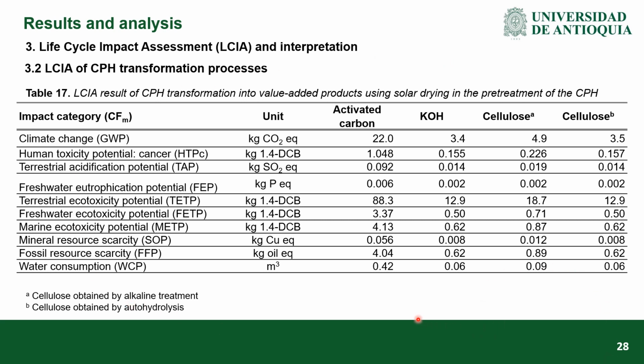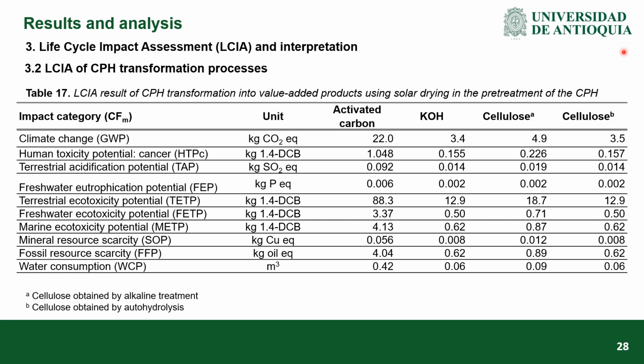When solar drying is considered for the pretreatment of CPH, the impact quantification significantly decreases, with the cellulose obtained by autohydrolysis showing a decrease around 63%, followed by cellulose obtained by alkaline treatment with 54%, the potassium hydroxide with 41%, and finally activated carbon with a reduction of 52%.